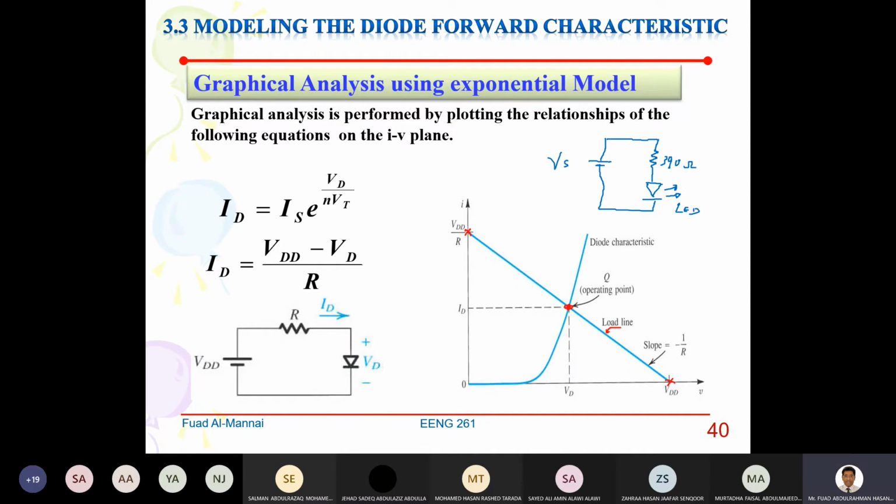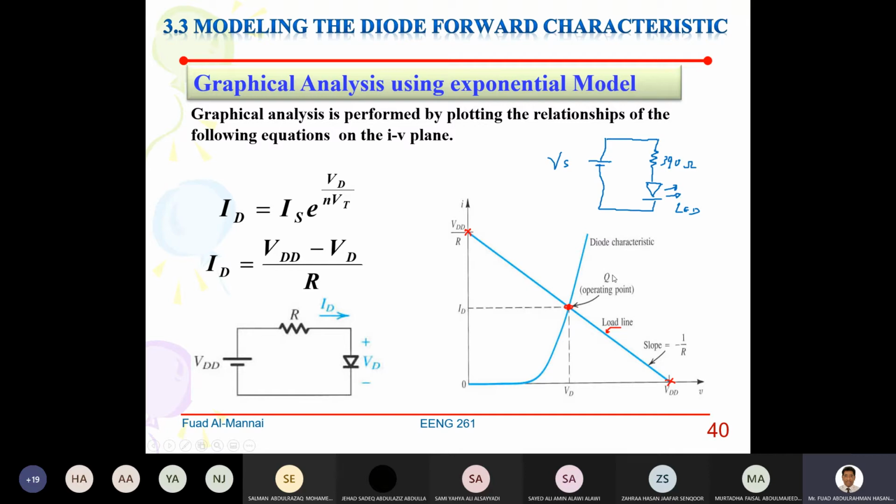This is the point where we're going to apply our signal, and we call this point the operating point. Most of the time you will see it called the Q point, or operating point.